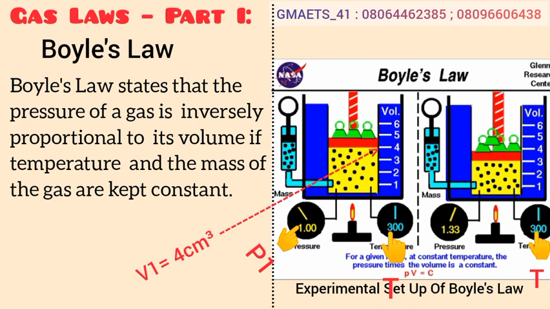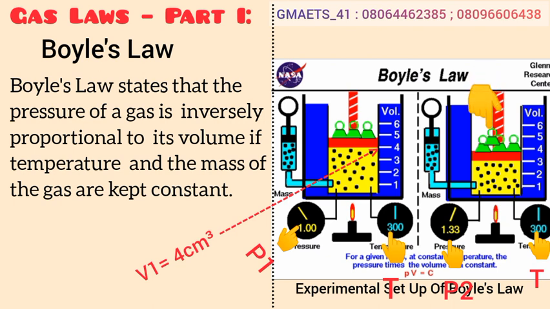And then in the second case, the pressure has been increased to, say, 1.33 millimeter of mercury or atmosphere depending on the unit of pressure. And then you observe that in increasing the pressure on the piston, you can see an extra weight added, making it 4 weights.